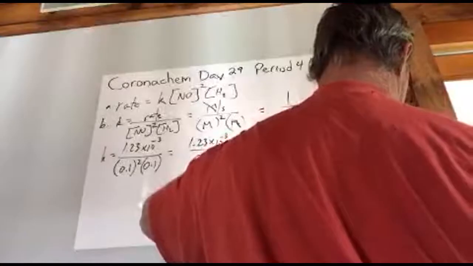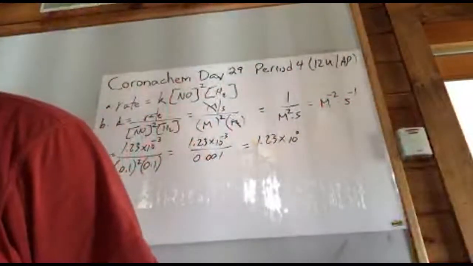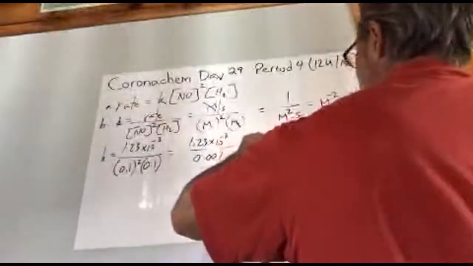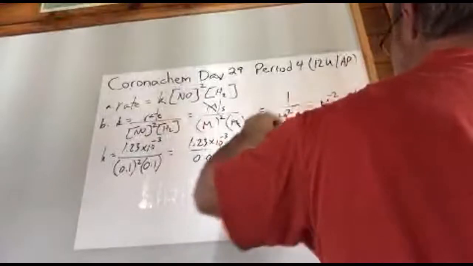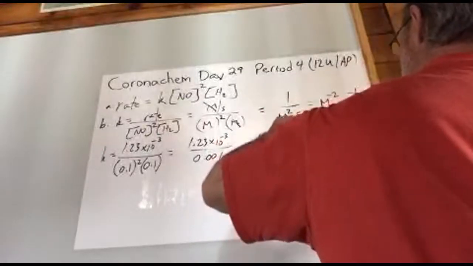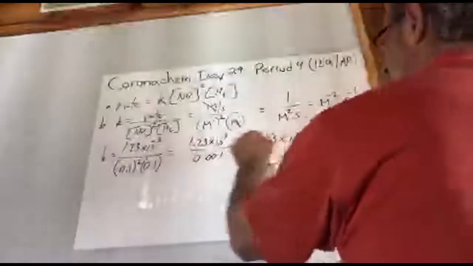How many sig figs are you allowed? You're only allowed 2 sig figs, so you have to report 1.2. And the units is molarity to the -2 times seconds to the -1. That would be your answer for this question.